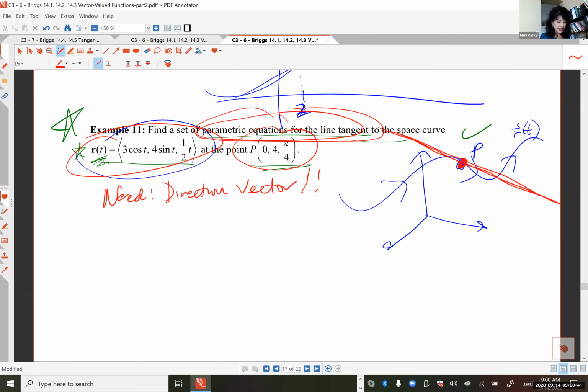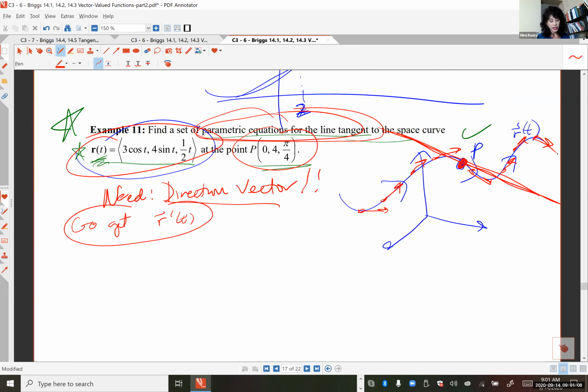So it turns out to get this direction vector, you're going to go get r prime, because we know that velocity vectors are always tangent to the line of motion, but that's not going to be enough, because that's going to give me a collection of vectors. This thing is going to be giving me all kinds of tangent vectors, depending on where I am on the curve, and the curve is varying all the way around.